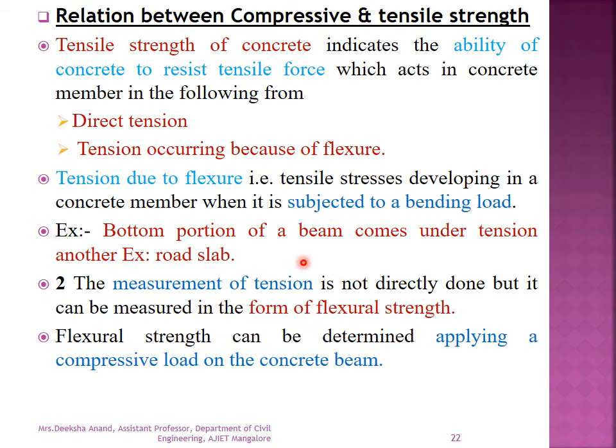For example, the bottom portion of a beam comes under tension. Another example is a road slab. Here the tension is not measured directly, but it can be measured in the form of flexural strength.